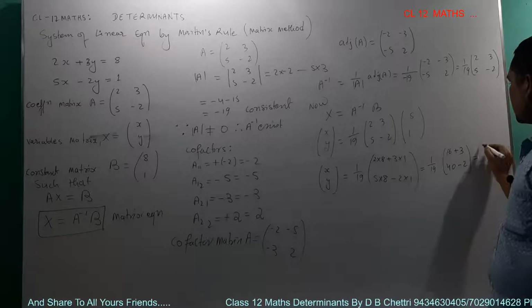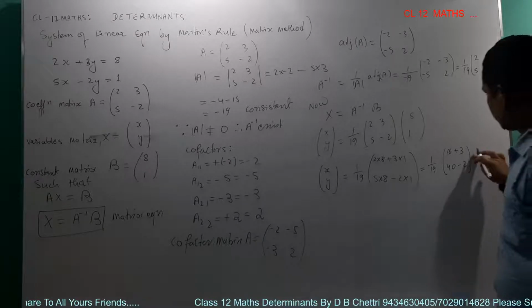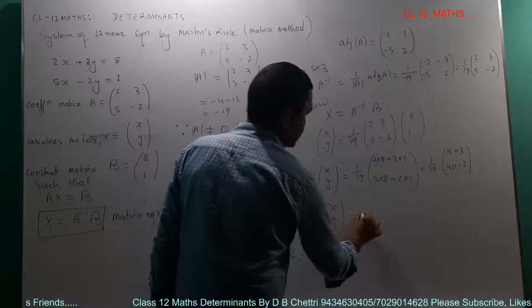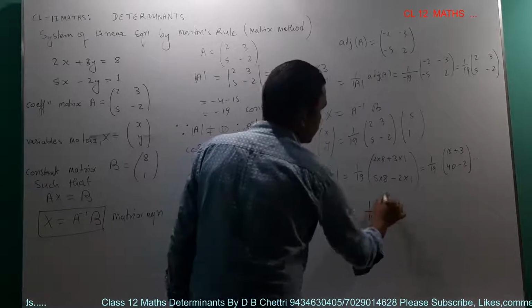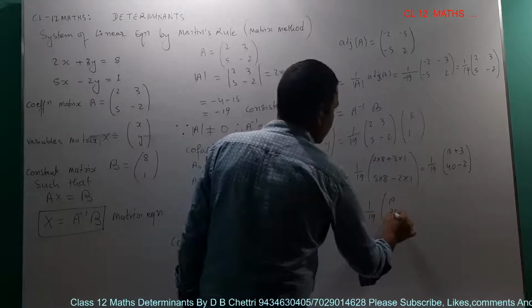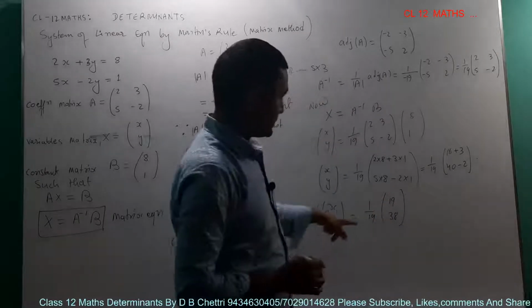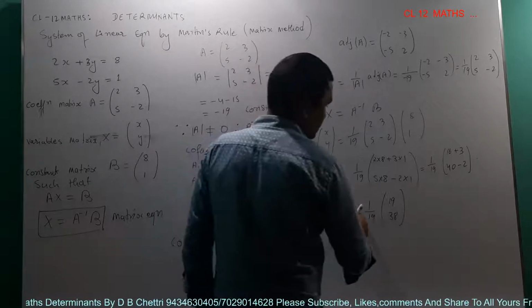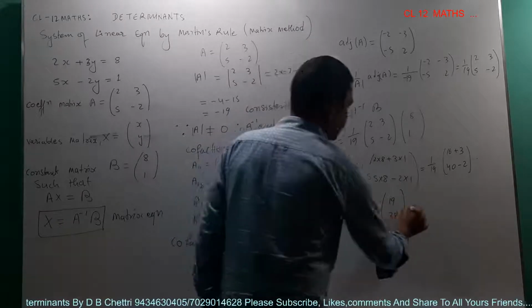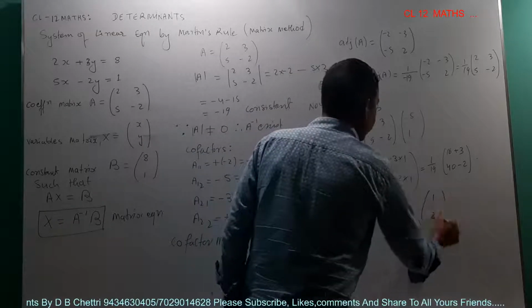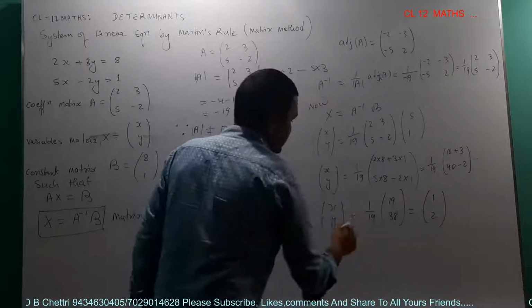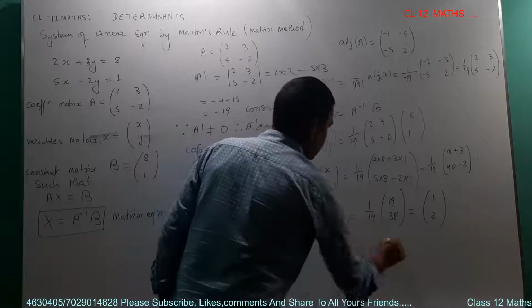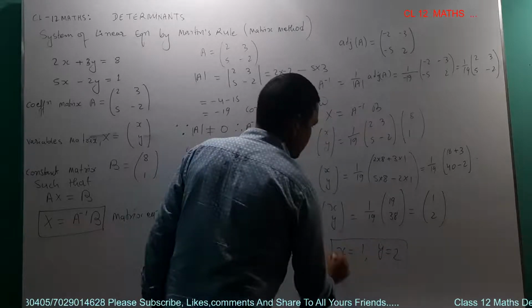So x y equals 1 by 19 times 19 38. Now take this 1 by 19 and multiply to both. Now we got 1 and 2. Therefore, comparing, x equals 1 and y equals 2. This way we solve the system of equations.